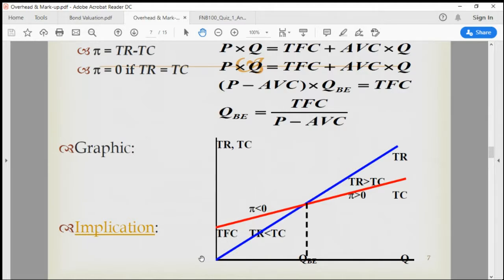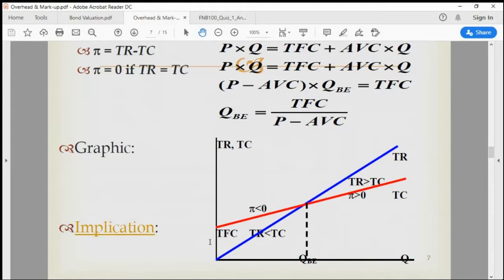Remember that I told you that total fixed cost is also called sunk cost because initial investment is already sunk into this business, right? Think about it. If you're a manufacturer like Dell, you have plant and equipment. You already invested in plant and equipment, and the plant and equipment is not a couple of dollars.